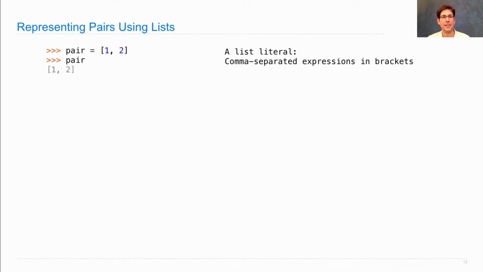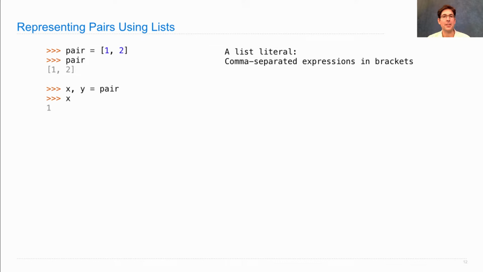Once I have a list, which is the value of a list literal, I can access the elements within the list through what's called unpacking that list into different values. So by saying x comma y equals pair, I'll bind x to the 0th element and y to the first element.